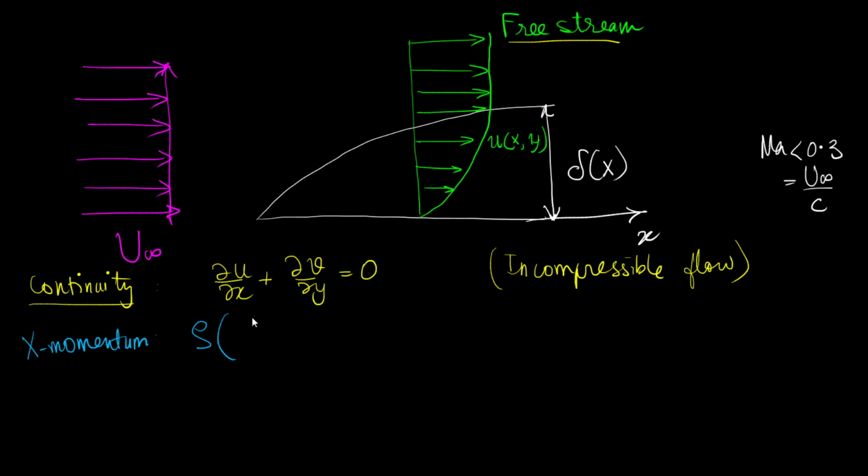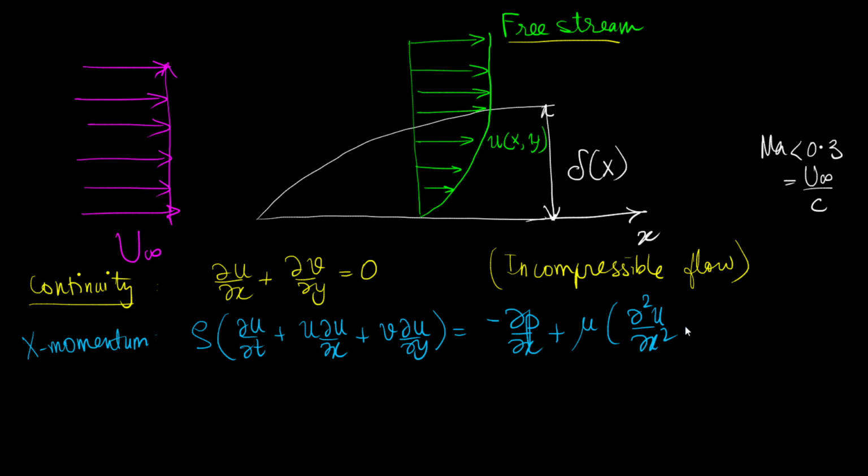So rho (∂u/∂t + u ∂u/∂x + v ∂u/∂y) is equal to minus ∂p/∂x plus mu (∂²u/∂x² + ∂²u/∂y²).